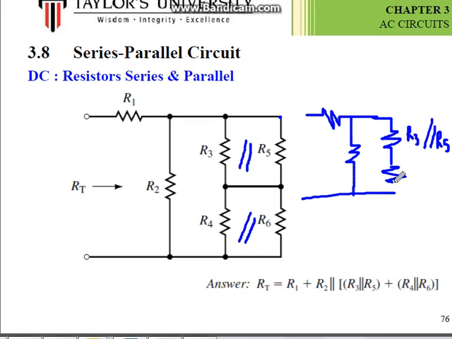And same goes for this one. This will basically be the R4 parallel with my R6. Alright, and after that, how do you get the equivalent resistor? So this becomes a series already. You plus them together, then you get it, and then you solve one by one. Okay, and then it will be in parallel with this R2. You get it, and then after that, finally you plus with this one. Do give it a try because the answer is over here.